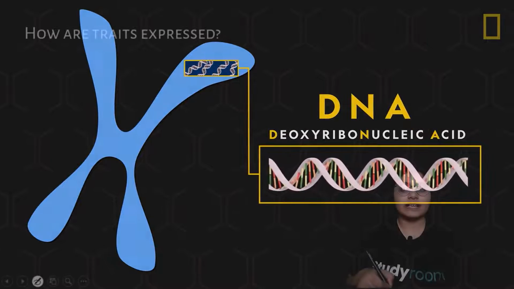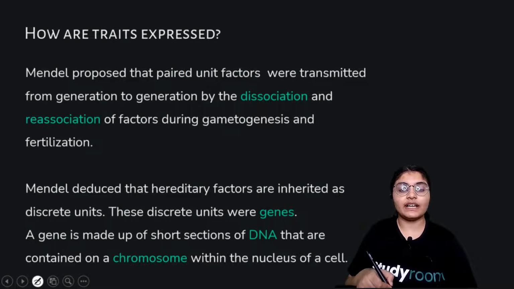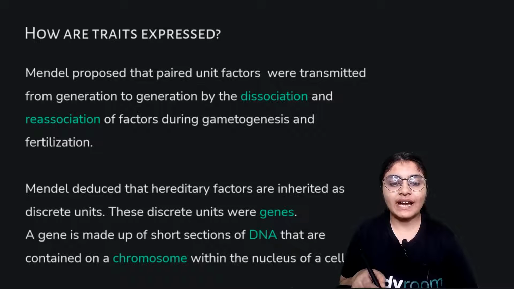So how are the traits expressed? Again, we know that Mendel proposed that paired unit factors were transmitted from generation to generation by the dissociation and reassociation of factors during gametogenesis and fertilization. Mendel deduced that hereditary characters are inherited as discrete units, and these units were known as genes.